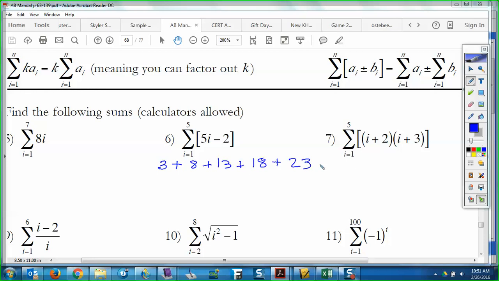Plug a 1 in for i, plug a 2 in for i, plug a 3 in for i, plug a 4 in for i, plug a 5 in for i, right? Find the sum. And then we add that up. That's 11, 24, 42, 60, 65. That'd be 65.